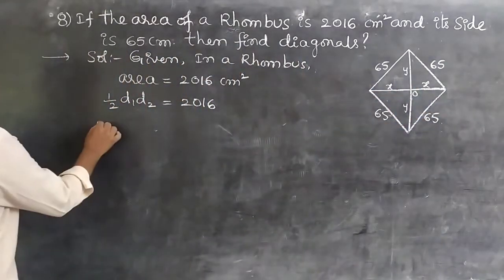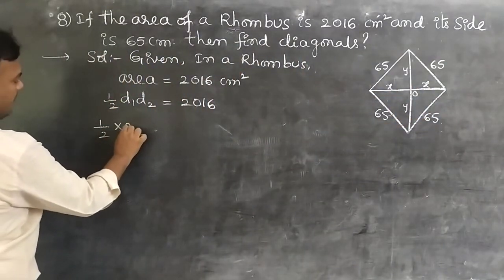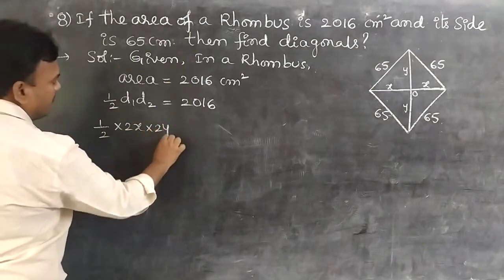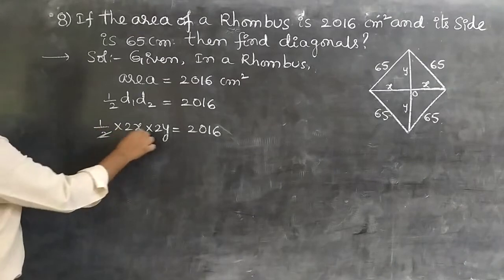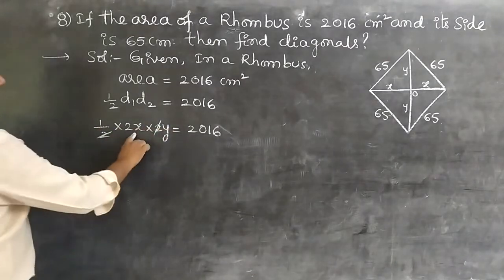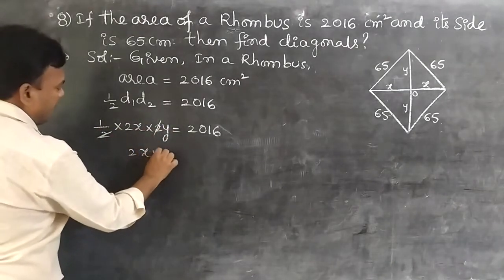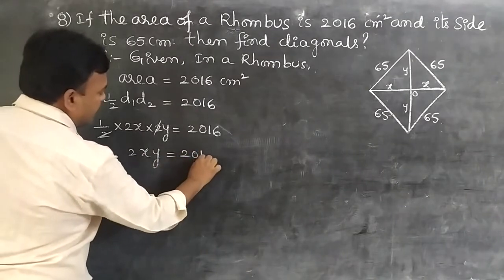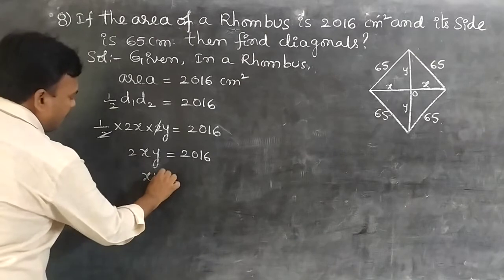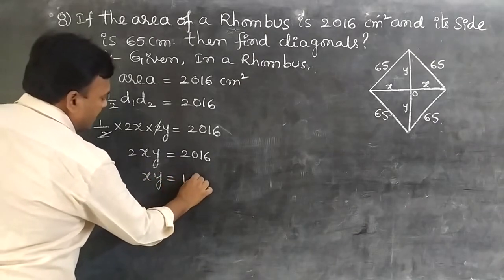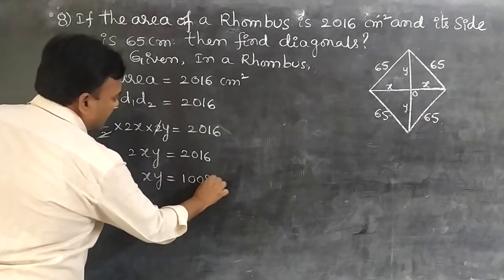So 1 by 2 into D1 value 2x, D2 value 2y equals 2016. Here 1 and 2 cancel, students. 2x into y, 2xy equals 2016. Then strike it off with 2. Then xy equals how much? 1008.